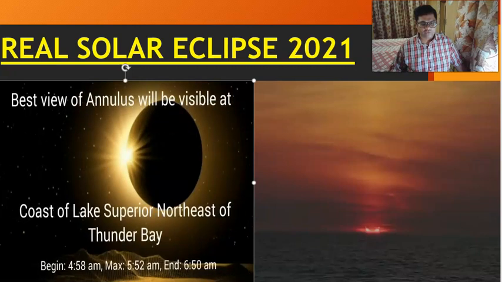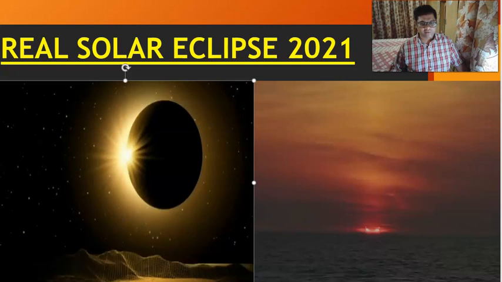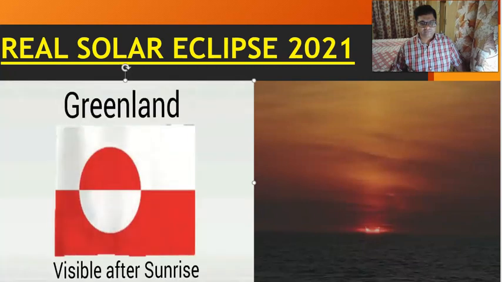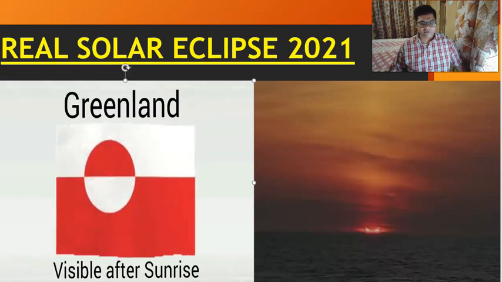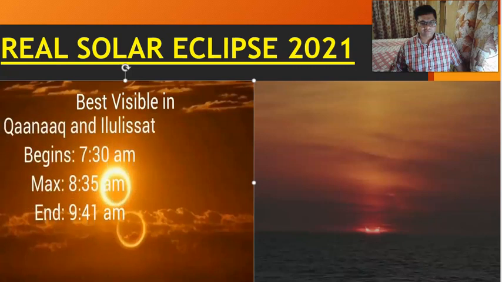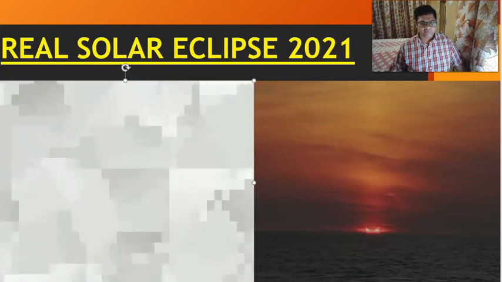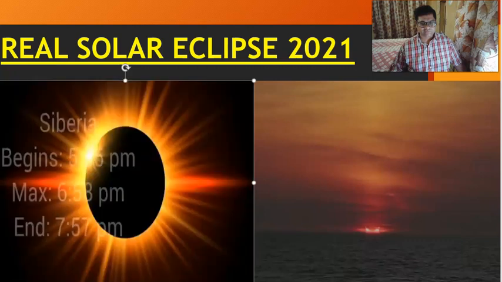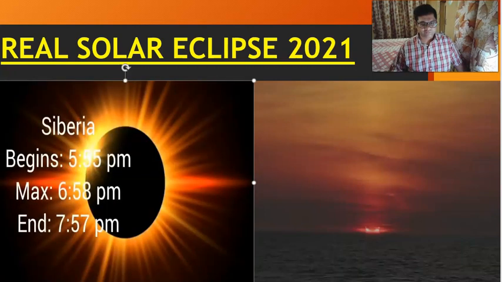Best view was at coast of Lake Superior, northeast of Thunder Bay. Greenland, visible after sunrise. Best visible in Nuuk. Russia, around sunset. Siberia. Timings are given over there.